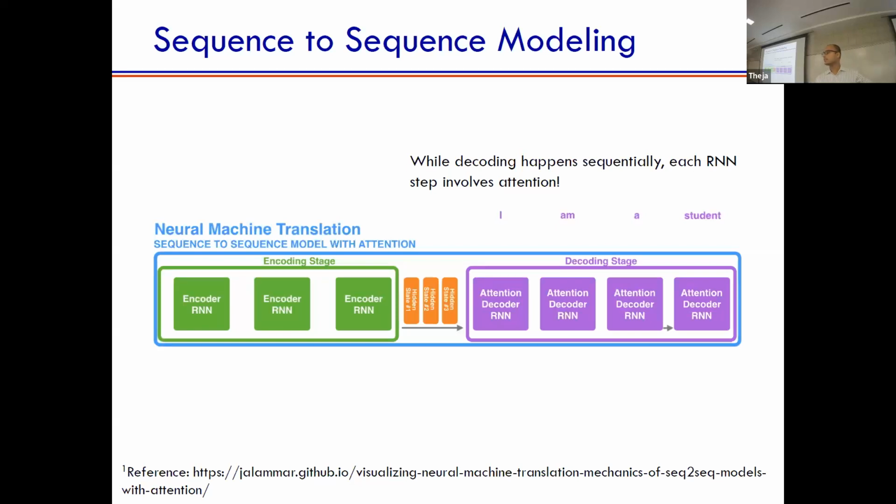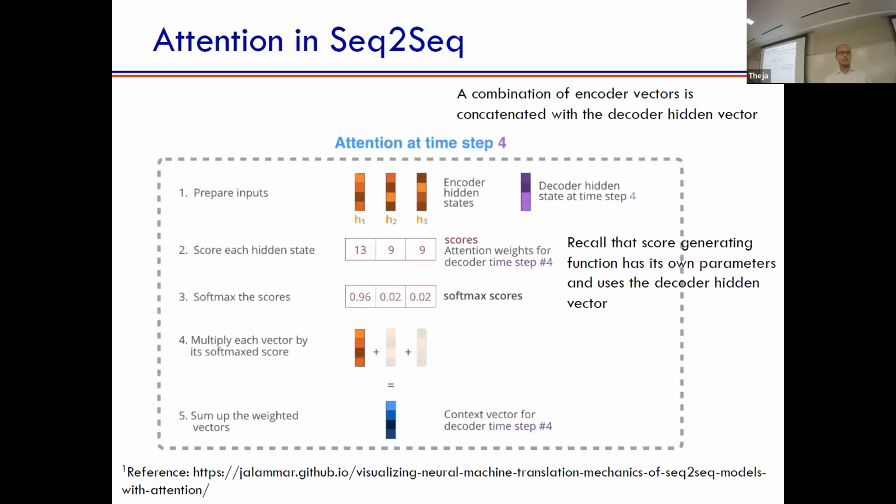Anybody else has a question here? Okay, so I want to focus on the attention part, which is on the decoding side. I hope encoding is clear. It's basically keep applying the RNN cell on the input.